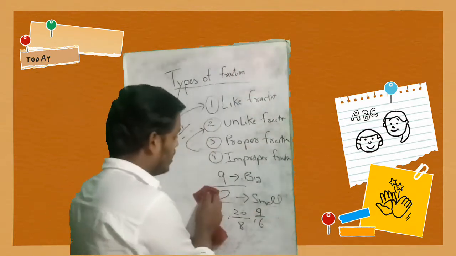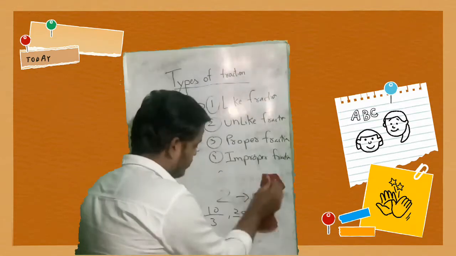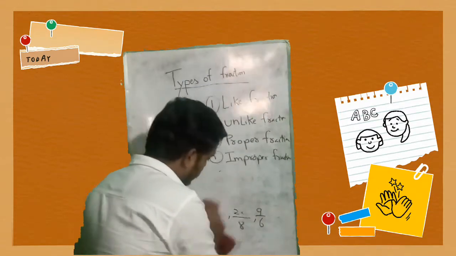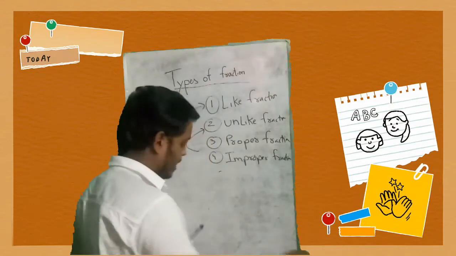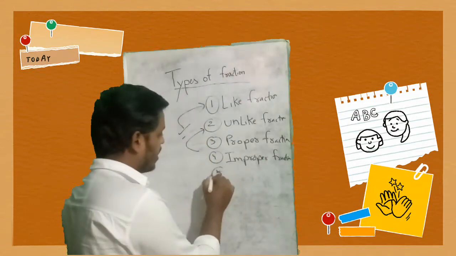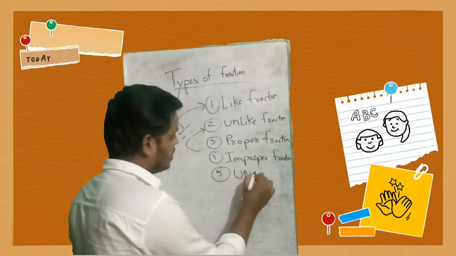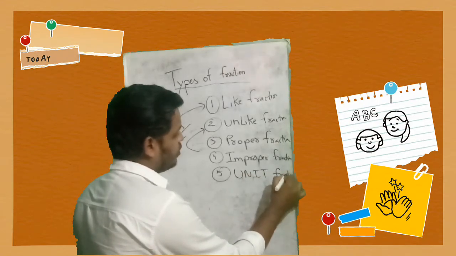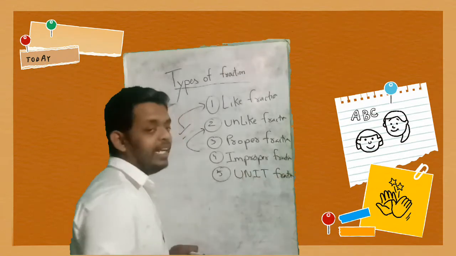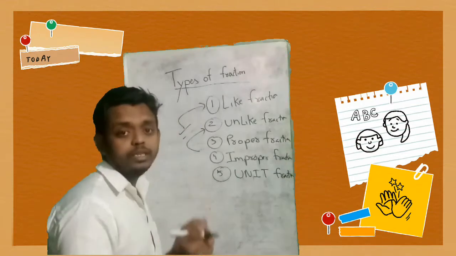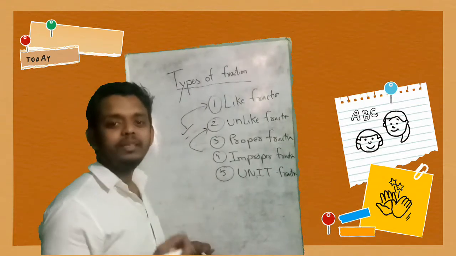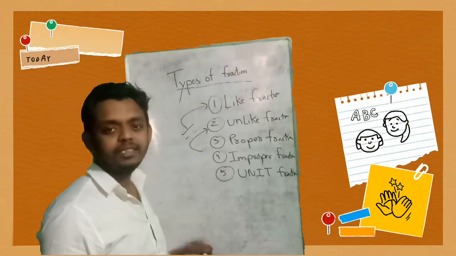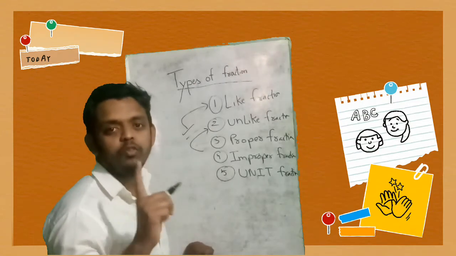Now, coming to the fifth part, the fifth part is unit fraction. Now what is a unit fraction? The name itself denotes unit. And what is the meaning of unit? Unit means 1, the value of 1.